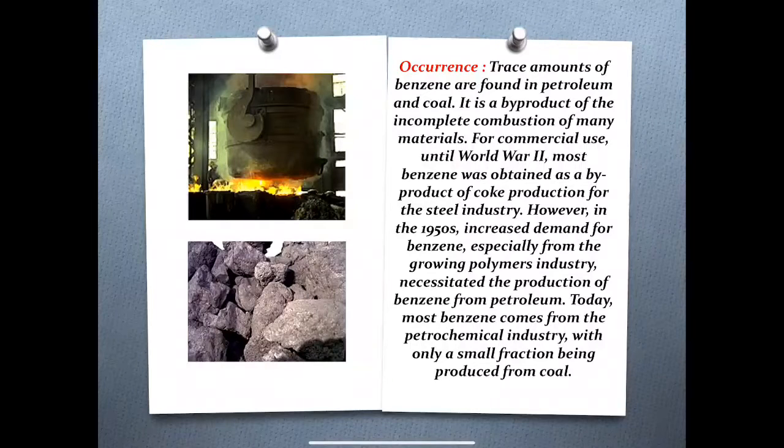However, in the 1950s, increased demand for benzene, especially from the growing polymers industry, necessitated the production of benzene from petroleum. Today, most benzene comes from the petrochemical industry, with only a small fraction being produced from coal.